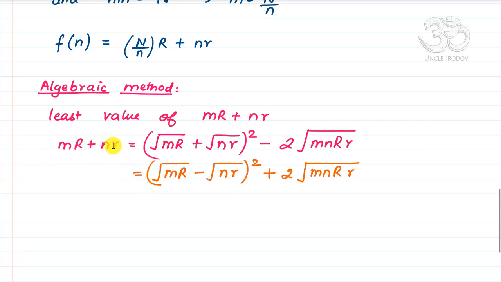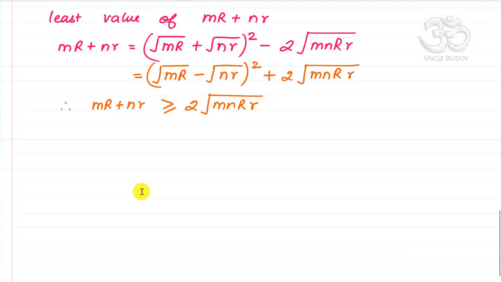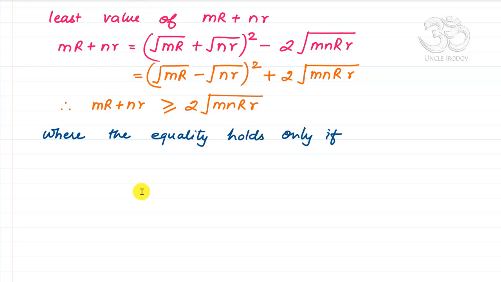So therefore the value of mR plus nr will always be greater than or equal to 2 root of mnRr, where the equality holds only if the square term becomes 0.